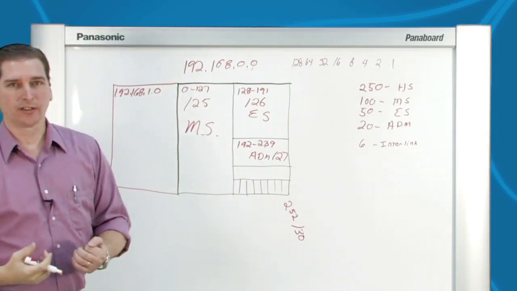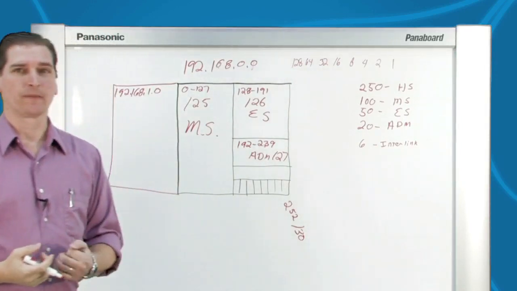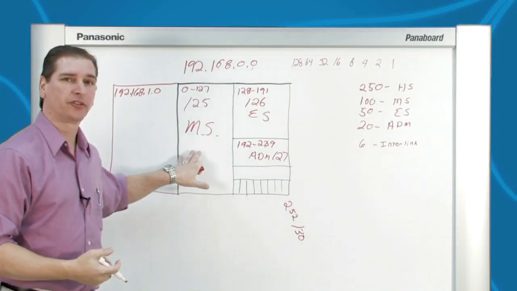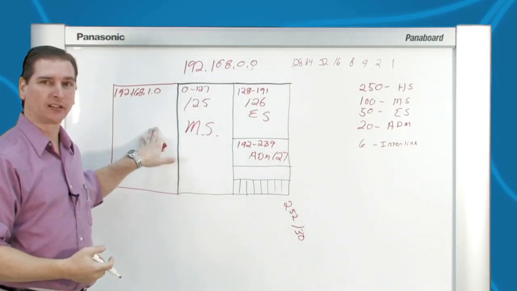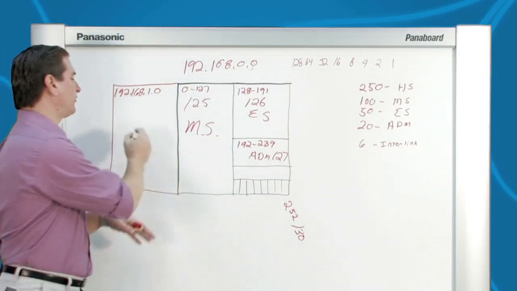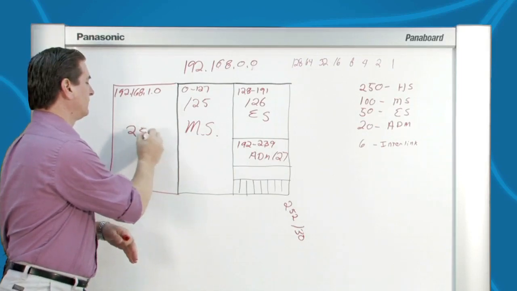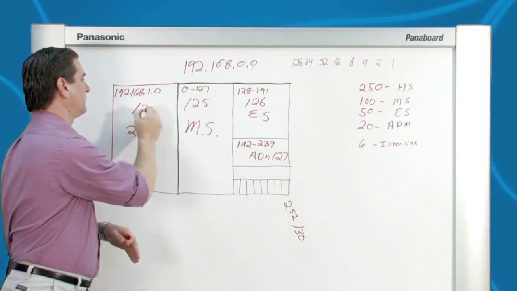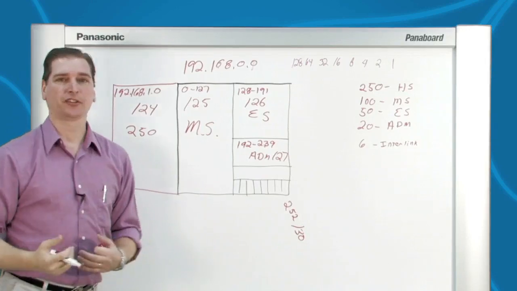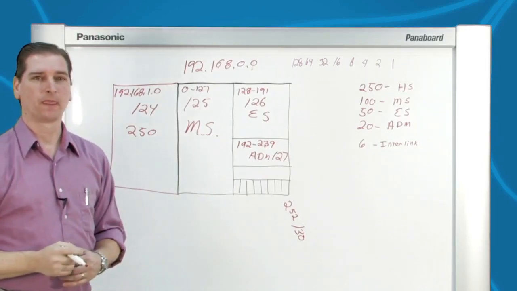And it's the entire 192.168.1 network. This will give us enough space that we can go in and allocate all of our 250 hosts with a standard Class C /24.